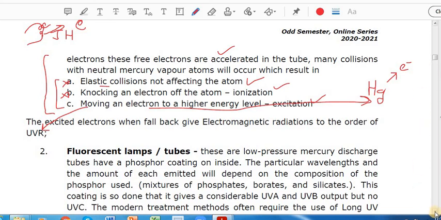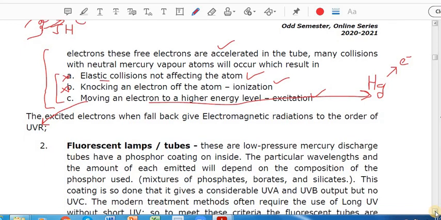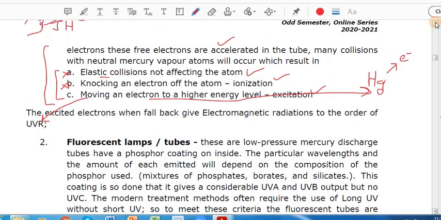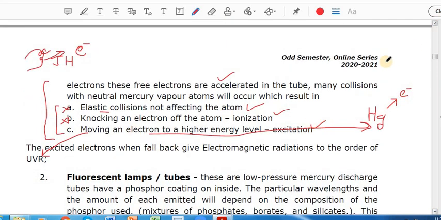But the problem is this lamp has lesser energy, and because the energy is less, the ultraviolet given by this is of less energy, and then the wavelength also sometimes is not desirable because, as I said, the Bohr model says that if this is the ground state, this is the higher state, this is an even higher state, this is an even higher state.